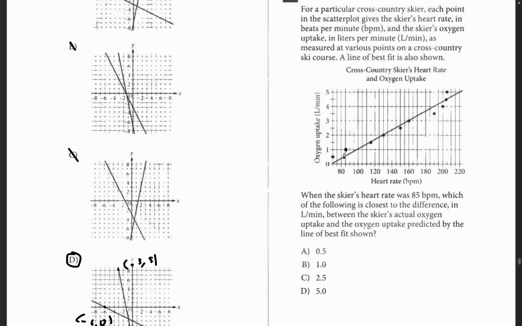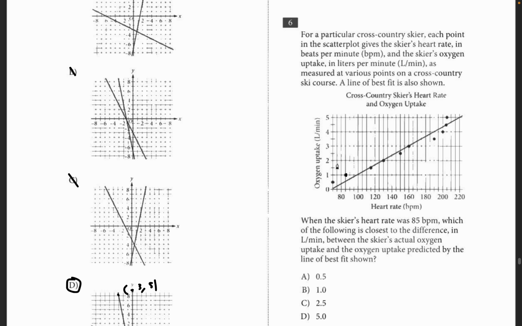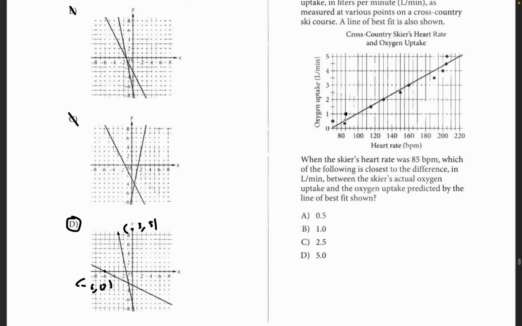If I were to say 1, 2, that's like 0.5? I would go with 0.5 as the best. It's the only one that's not below, so it has to be A, because if it was 1, it would be right at the bottom here, and these ones are above it, so it does make sense.